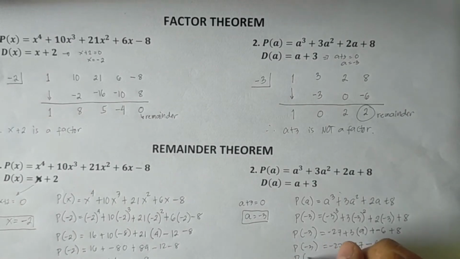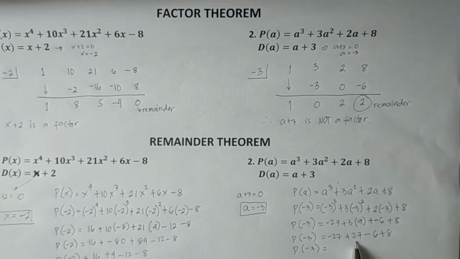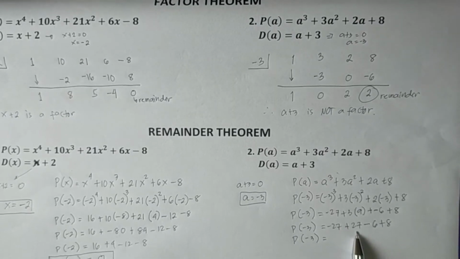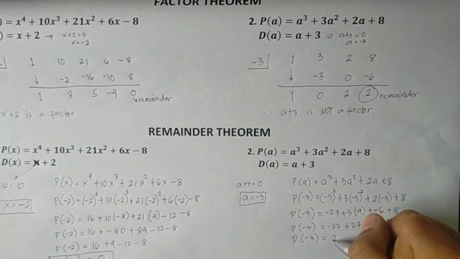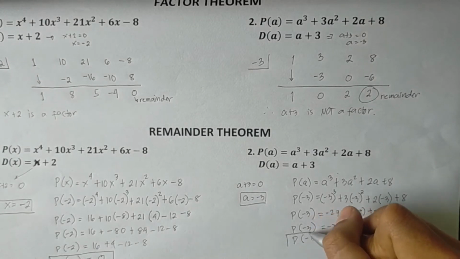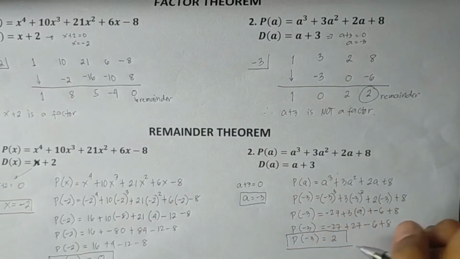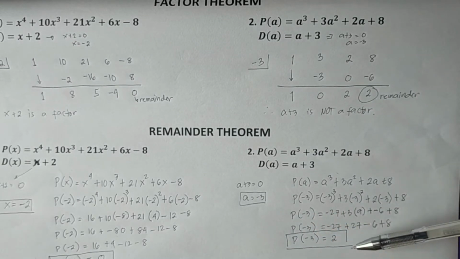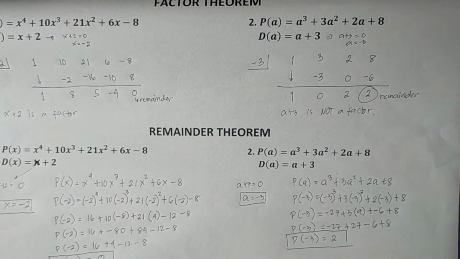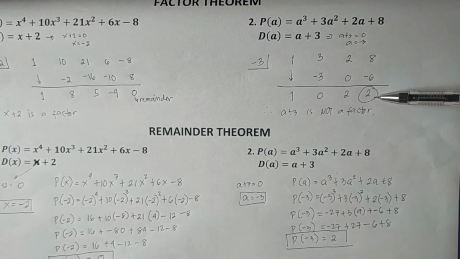Then simplify, P of -3 is equal to -27 plus 27, that is 0, -6 plus 8, that is positive 2. Therefore, the remainder here is 2. Same as here. The remainder is 2.